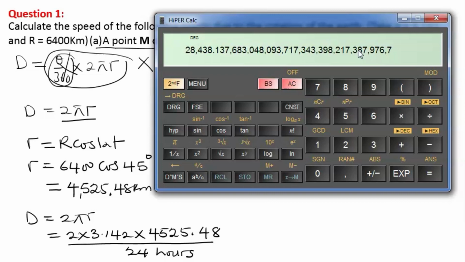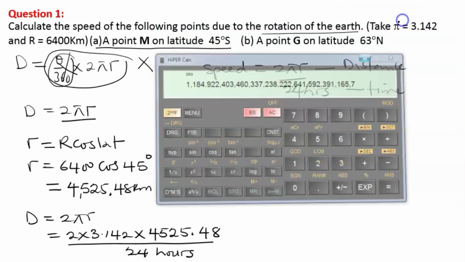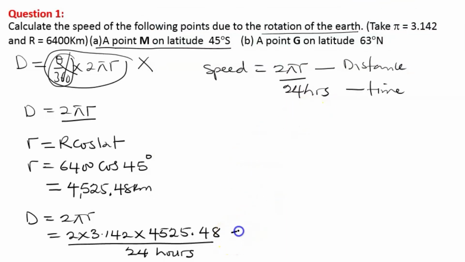Then this divided by 24 hours, to get our speed, gives me 1,184.92. So that's going to be our final answer: 1,184.92 kilometers per hour. That's the speed. See, this calculation is not hard at all.